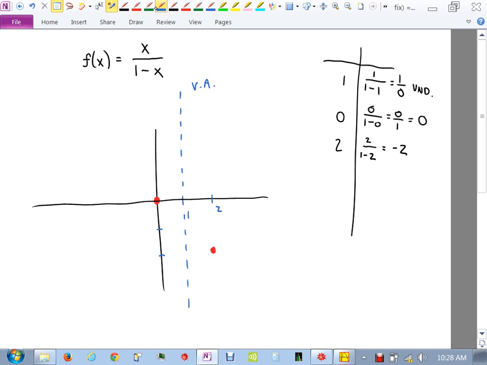Let's try 3. 3 over 1 minus 3 is what? Negative 3 over 2. As a decimal, that's negative 1.5. So at 3, I'm at negative 1.5.